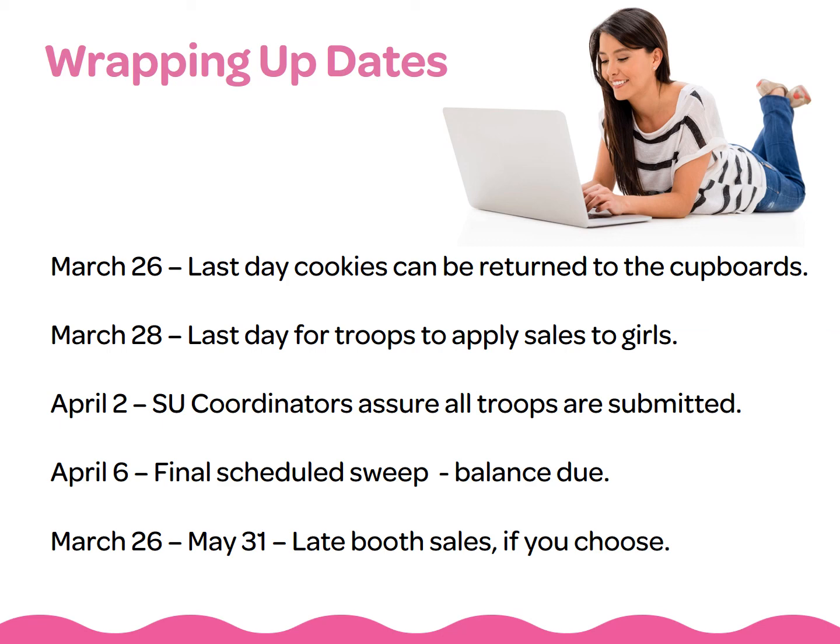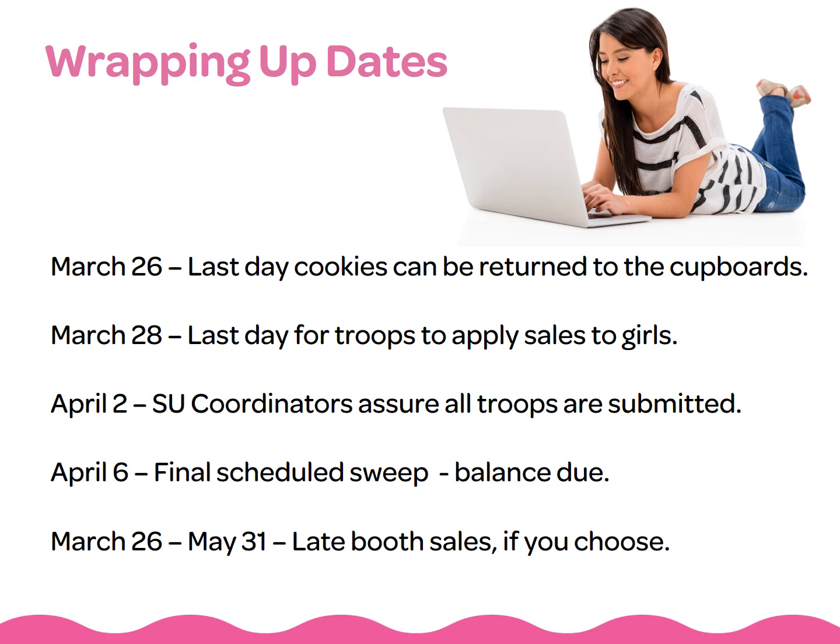March 28th is the last day for troops to apply sales to girls in eBuddy. So make sure that you have taken care of that difference row by March 28th and submitted your rewards. April 2nd, that's the last day for service unit folks. Community product sale coordinators will be able to make any last minute submitting if you missed it on March 28th.